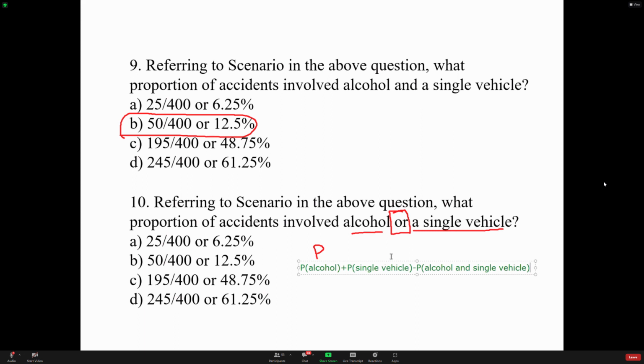From the table, you can see probability of alcohol is 50 over 400. Plus probability of single vehicle. How many single vehicles are there? 75, so you will have 75 over 400.